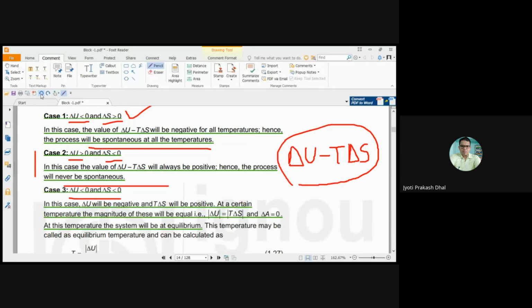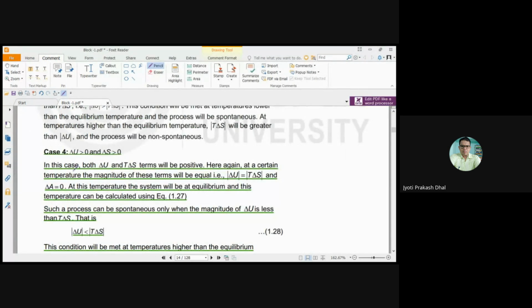T del S will be positive and del U will be positive. In that case, if the change in internal energy is more positive, then the process will be non-spontaneous, and if the change in entropy is more positive, the process will be spontaneous. So that is condition 4.